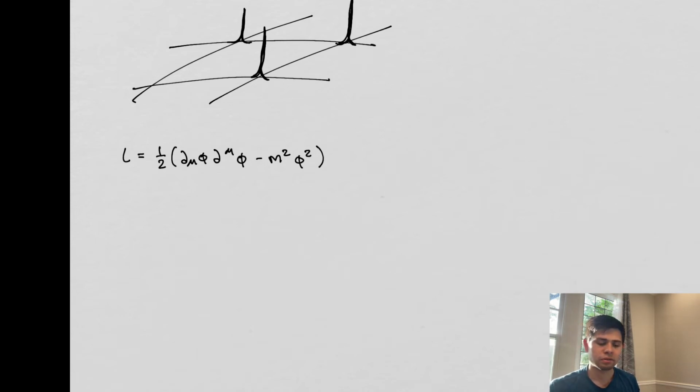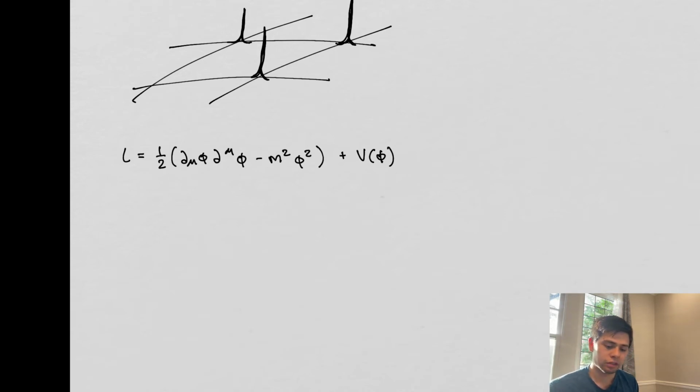We've been talking about that for the past 10 or so lectures or videos, when we're talking about free fields and no interactions taking place. But now we want to talk about interactions. So when we talk about interactions, we want to add a potential term here.